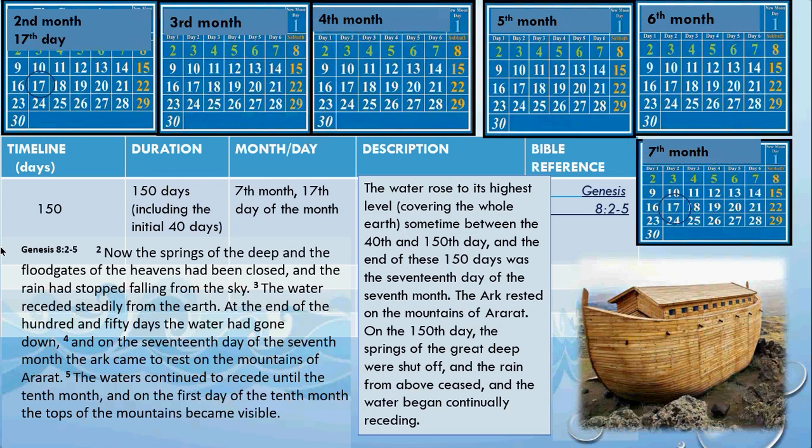At the end of the 150 days, the water had gone down, and on the 17th day of the 7th month, the ark came to rest on the mountains of Ararat. The waters continued to recede until the 10th month, and on the first day of the 10th month, the tops of the mountains became visible.